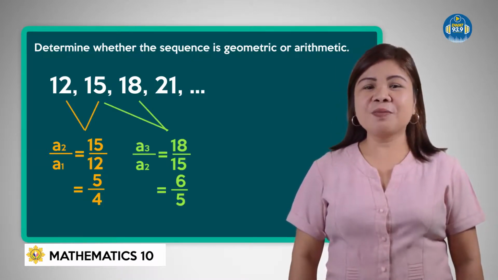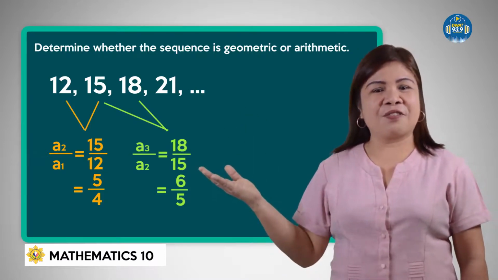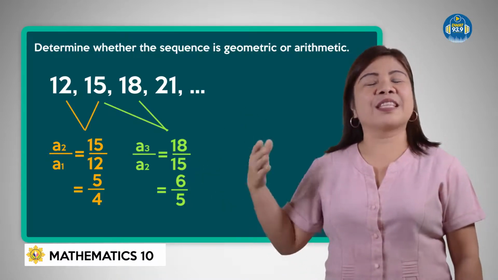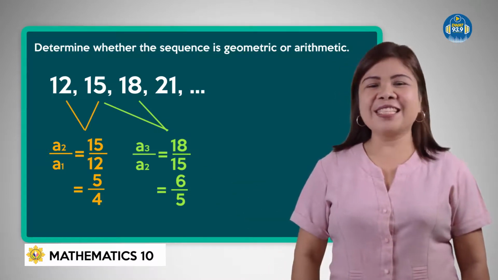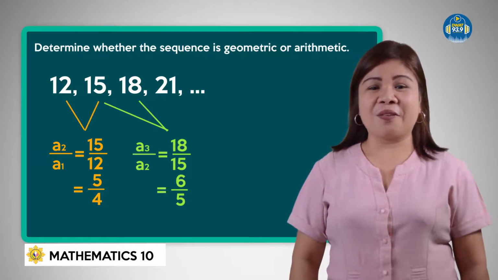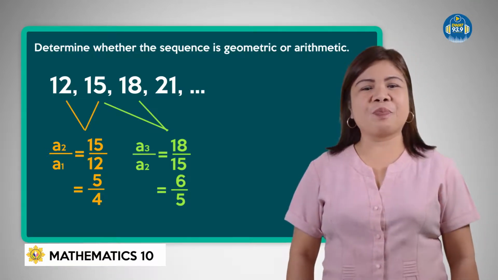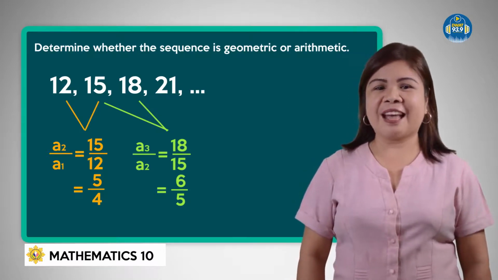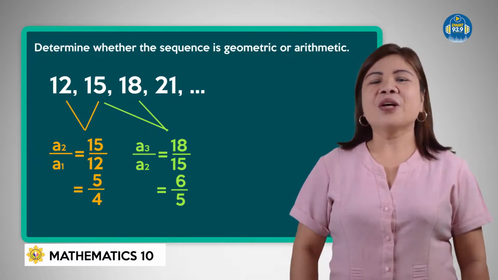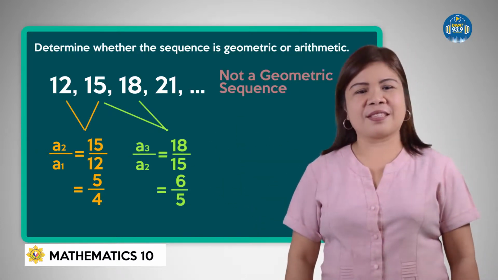And a sub 3 over a sub 2 is equal to 18 over 15, equal to 6 over 5, but 5 over 4 is not equal to 6 over 5. We got the ratios of two pairs of consecutive terms, but we failed to obtain a common ratio. So the sequence is not a geometric sequence.